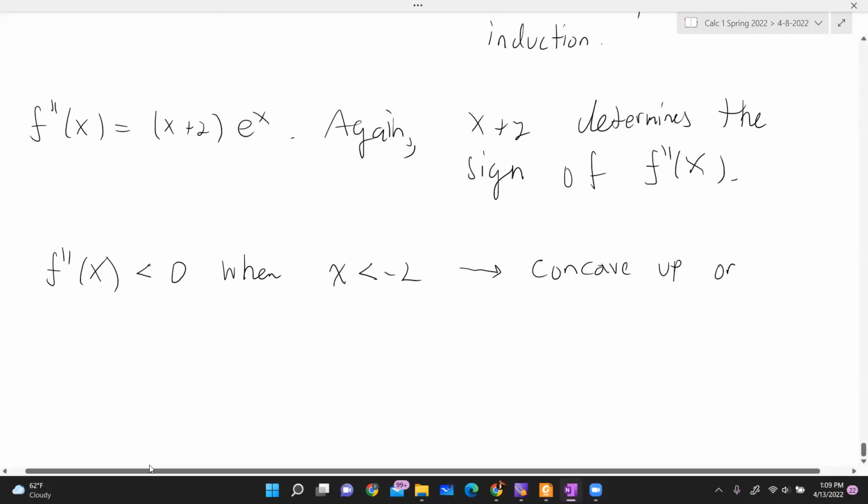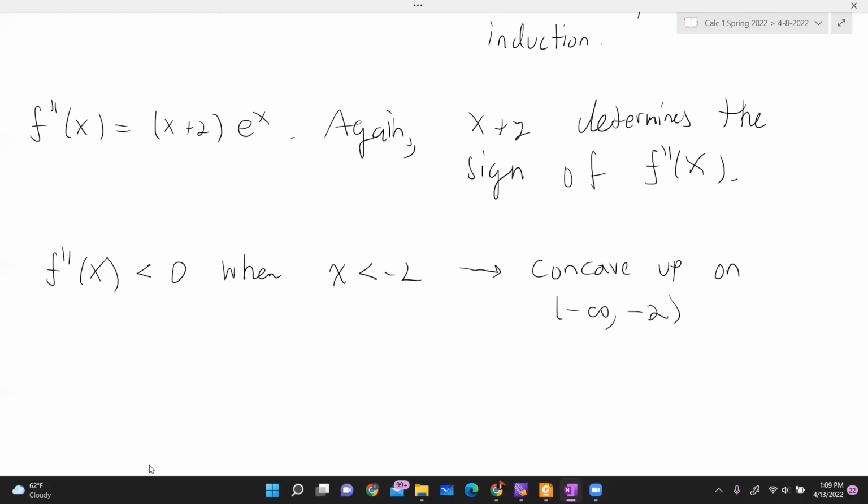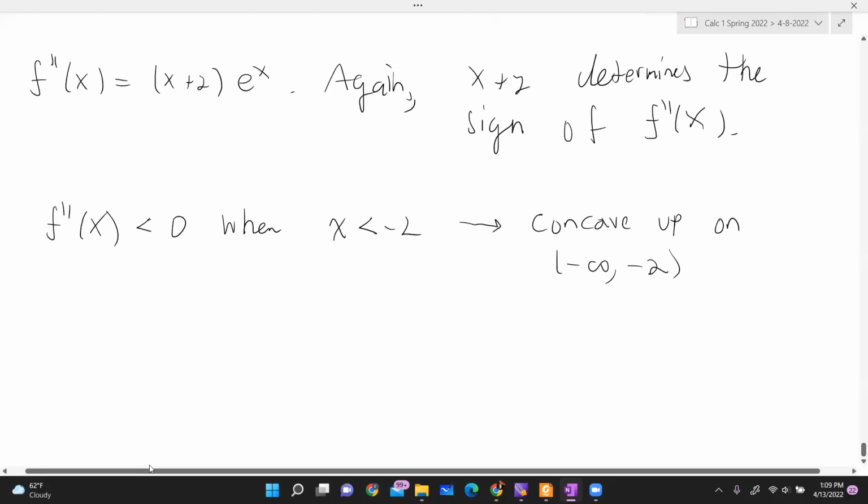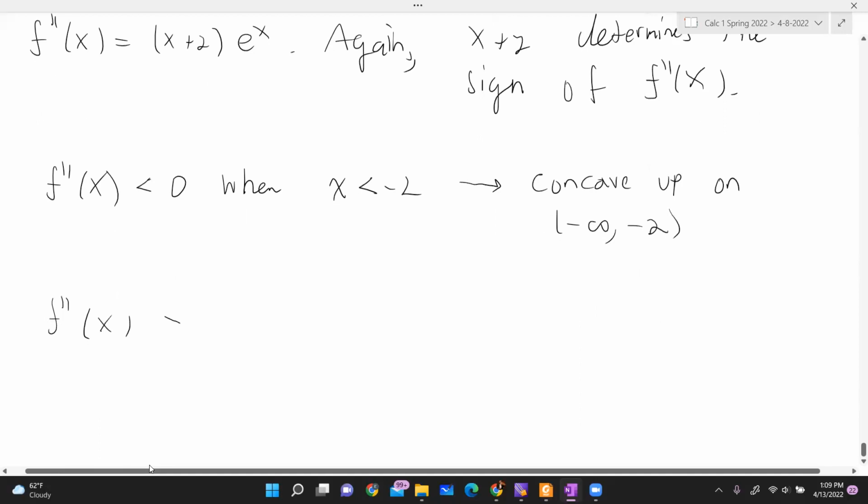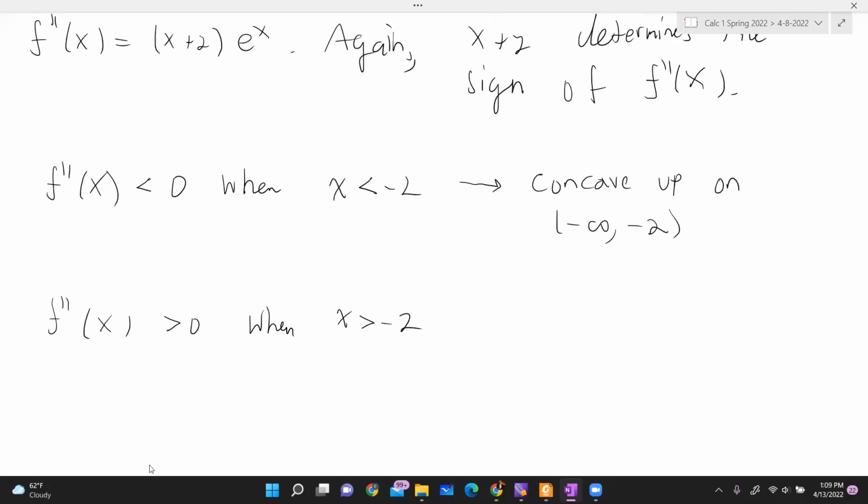It'll be concave up on the interval -infinity to -2. And then we have, it's positive when x is bigger than -2.